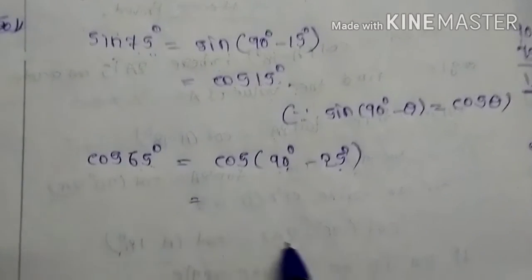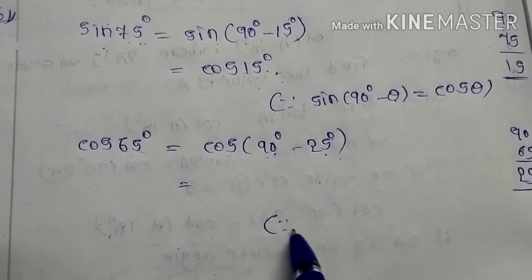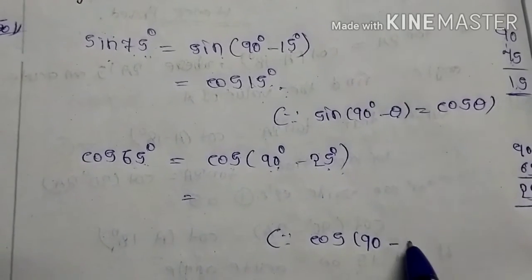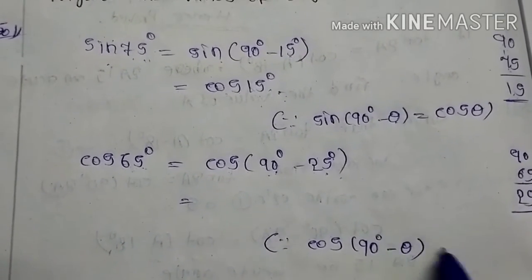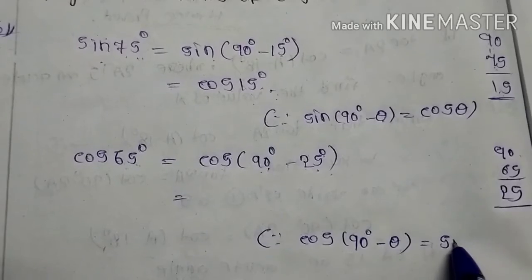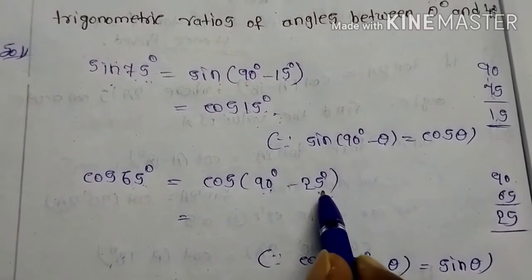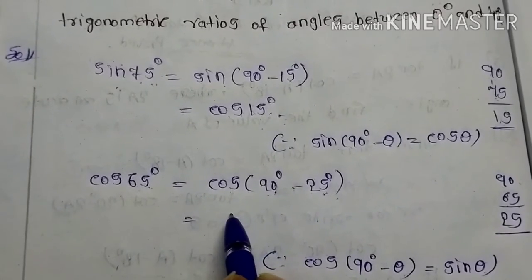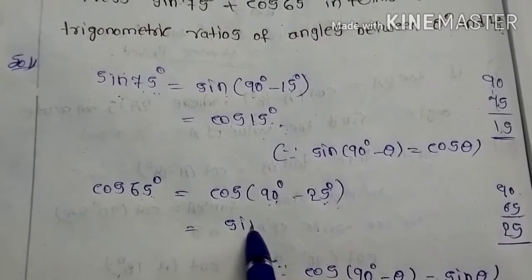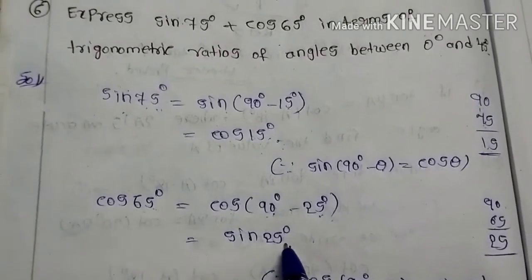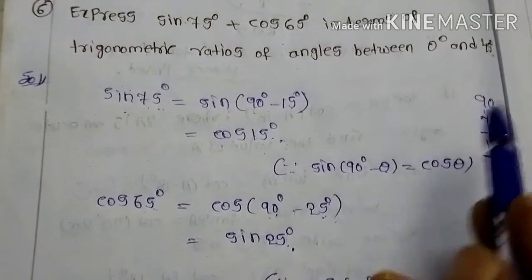But you know the complementary angle property of trigonometric ratios: cos of (90 minus theta) is equal to sin theta only. Yes or no? Using this formula, the theta value is how much? 25 degrees. That means I can write here sine of 25 degrees. Yes or no? Yes. Does 25 degrees lie between 0 and 45 or not? Yes.